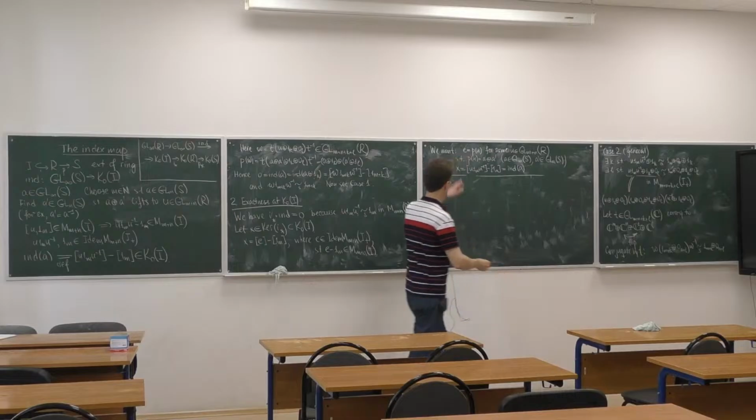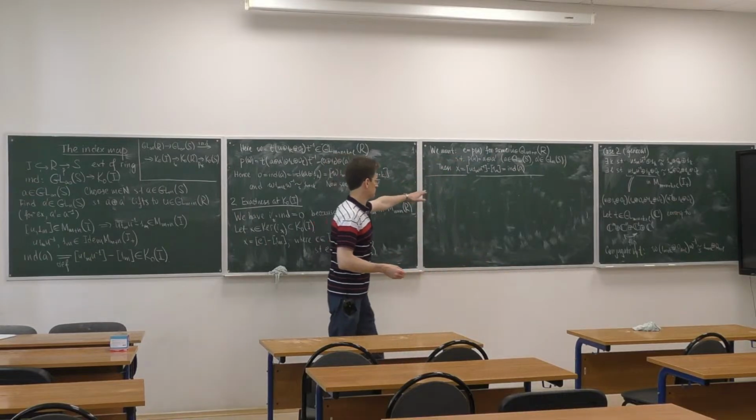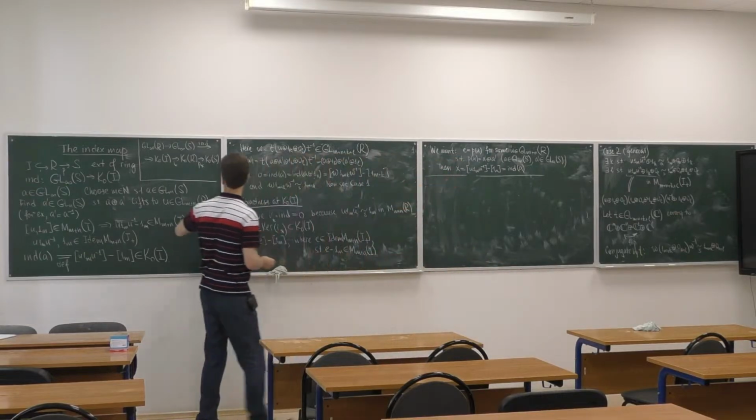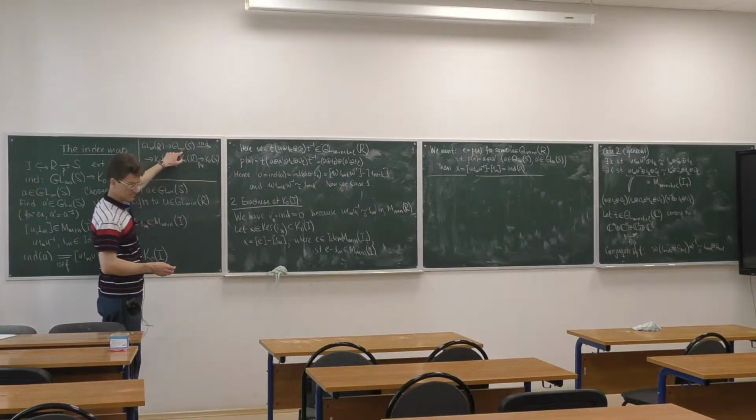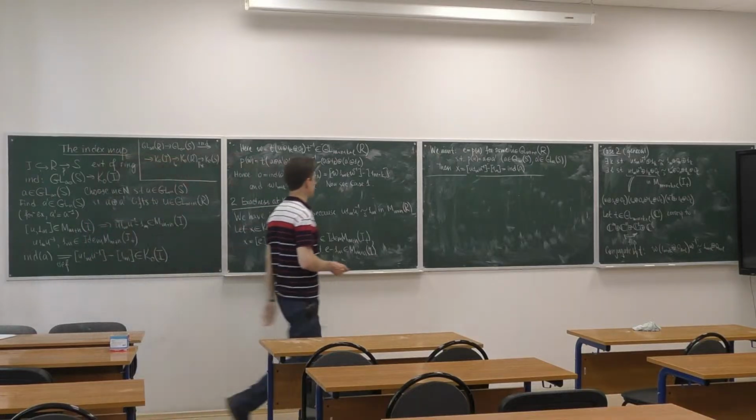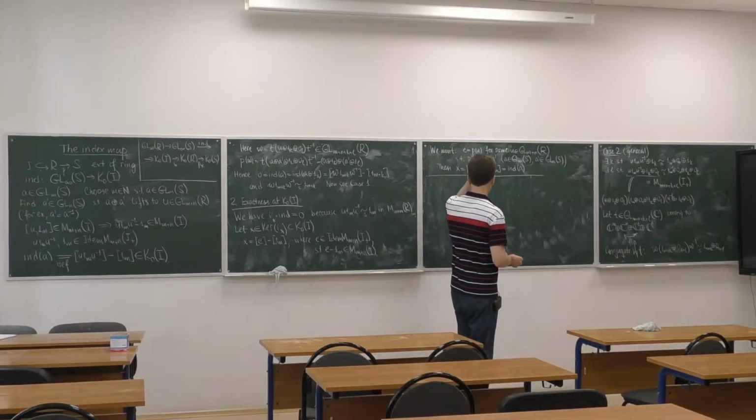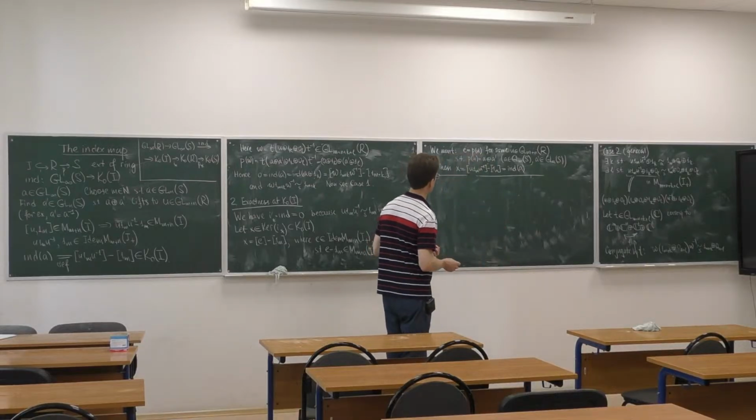So if we find such U, then the proof will be complete. We will show that X comes from here. Okay.